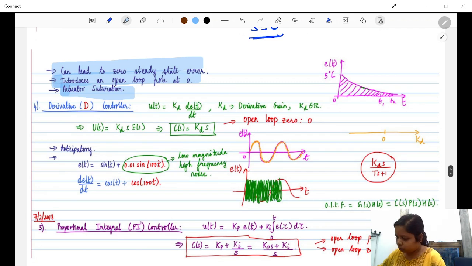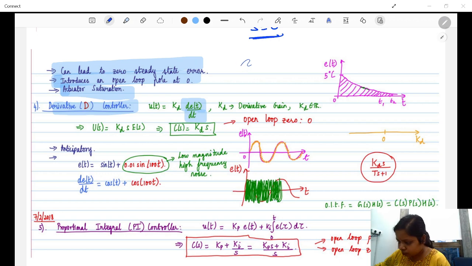Now in the derivative controller, in the last case when we wrote the integral controller, we were integrating the error throughout. This time we are differentiating the error. So ut is kd into the differentiation of the error. Now I hope you're able to see this difference.